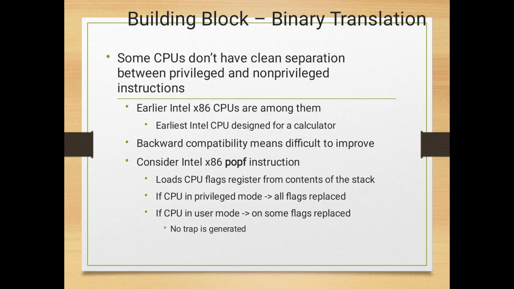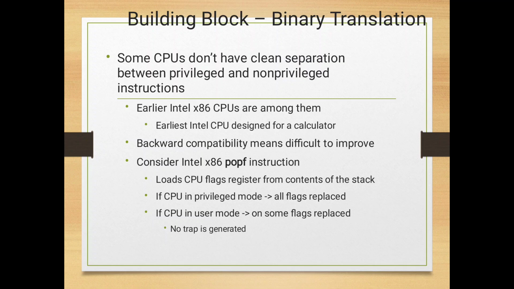In this building block, binary translation is essential because some CPUs don't have a clean separation between privileged and non-privileged instructions. The earlier Intel CPUs are among them. Here the CPU was designed for a calculator, so backward compatibility makes it difficult to improve.